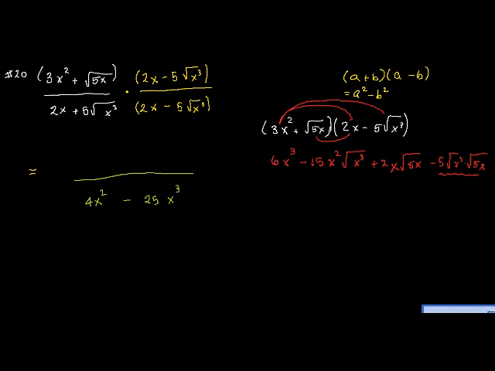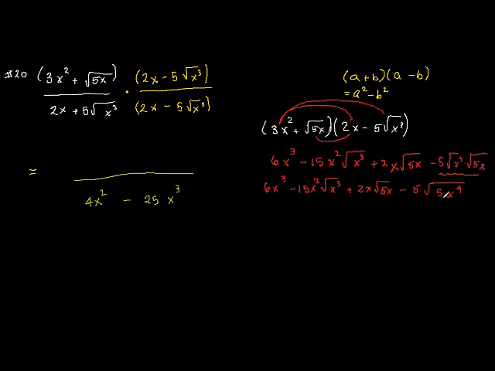That means that I can put one big square root and then multiply the things that are under the square root together. So I can rewrite this as 6x cubed minus 15x squared square root of x cubed plus 2x square root of 5x minus 5 times, and here's the big square root, and under the square root I have x cubed times 5x. So that's just 5x to the power of 4.